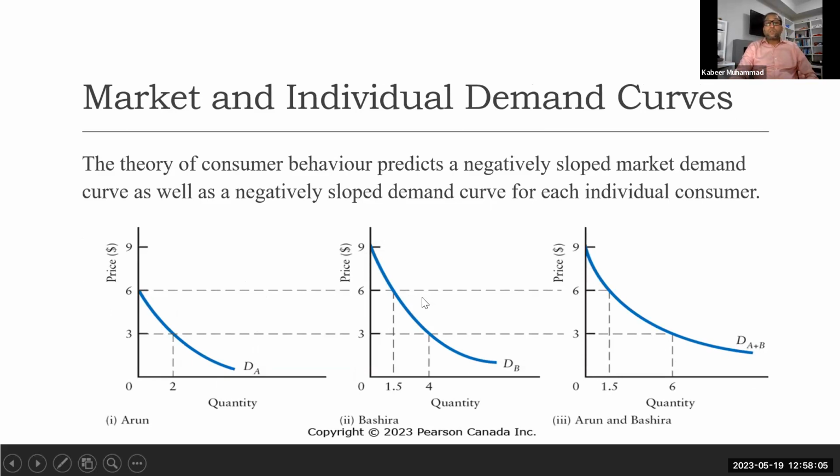For Bashira there's a demand for 1.5 units. So for the total market as well, it's 1.5 units. But at the price of 3, Arun demands 2 and Bashira demands 4. So altogether, at the price of 3, the quantity demanded is 6. So it's a horizontal summing up of the demand for the market.